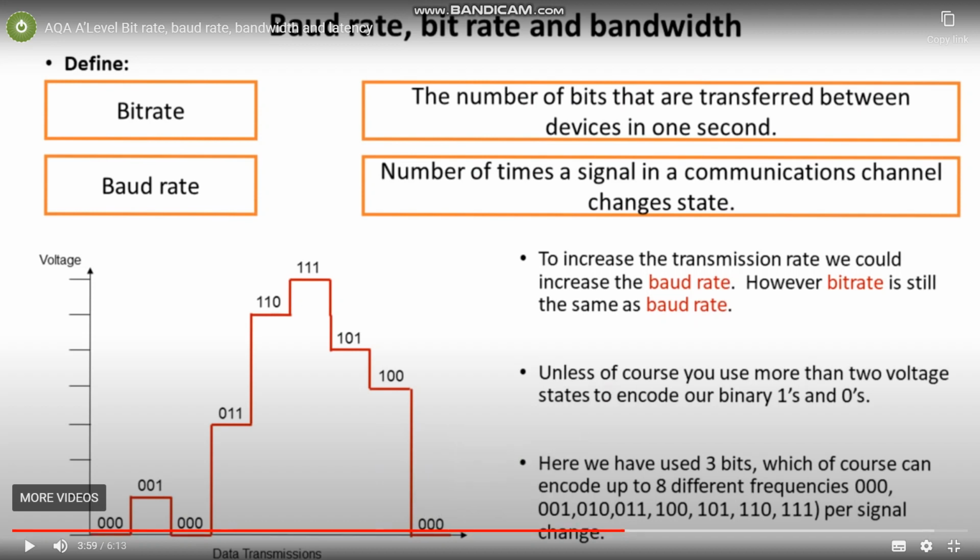So the baud rate being increased means that the bit rate does increase also. To increase the transmission rate, we could increase the baud rate. The bit rate is still the same as the baud rate saying there.